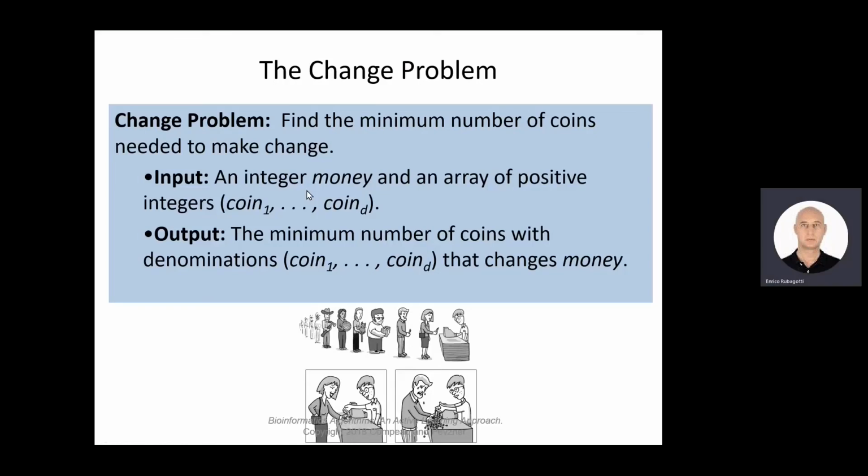So, as an input, we have an integer, money, and an array of positive integers. And as output, we have the minimum number of coins with the specific denominations. And we are going to discuss it in the next class.